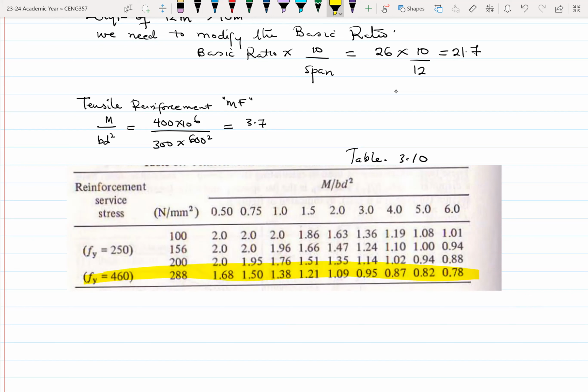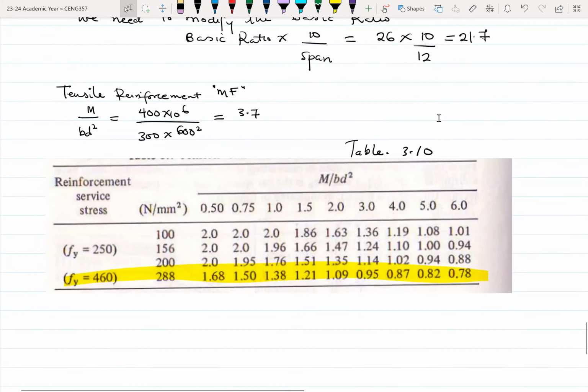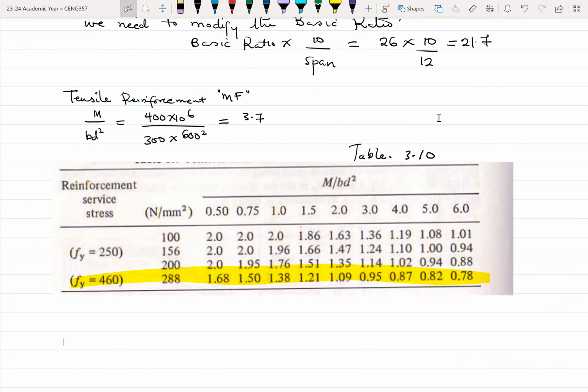All right. We're looking at the last bit. So if FY is 460 and we got 3.7, our 3.7 will be somewhere here.